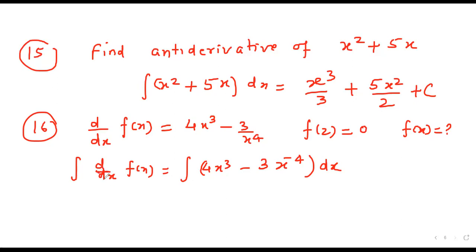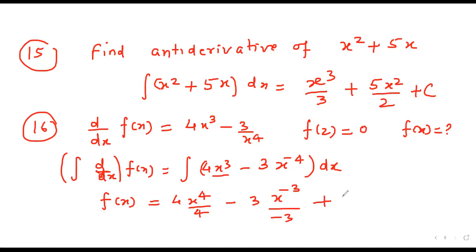Integration of d upon dx, these two terms will cancel out. So we will get f(x) equal to integration of this, 4x power 4 upon 4 minus 3x power minus 3 upon minus 3 plus c, that is f(x) equals x power 4 plus x power minus 3 plus c.